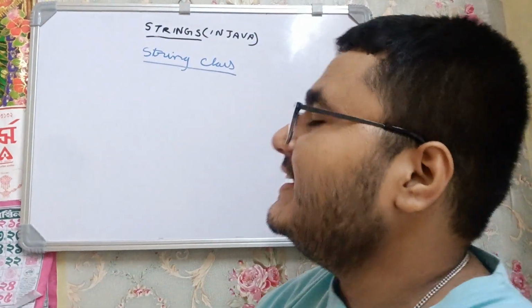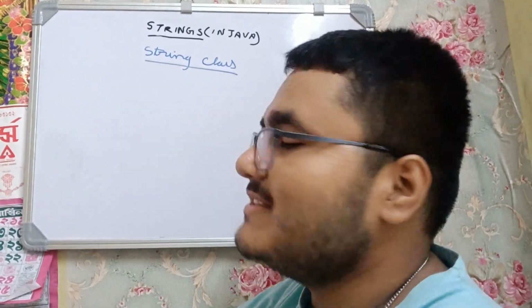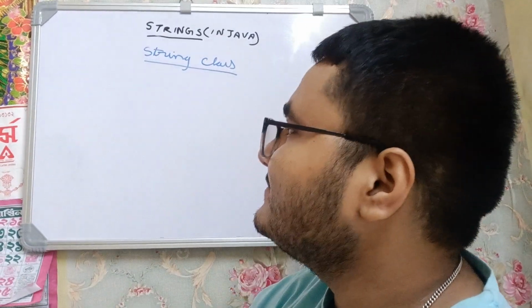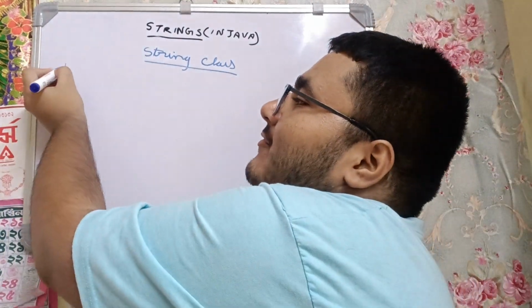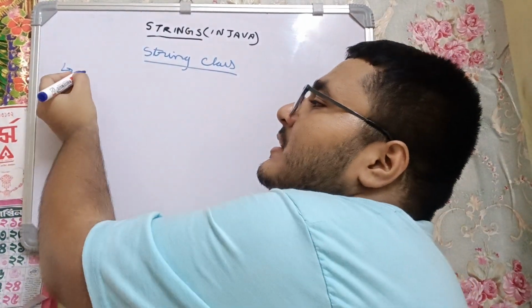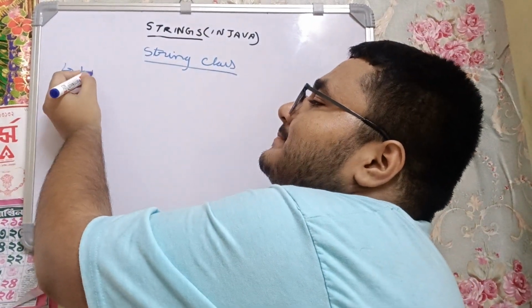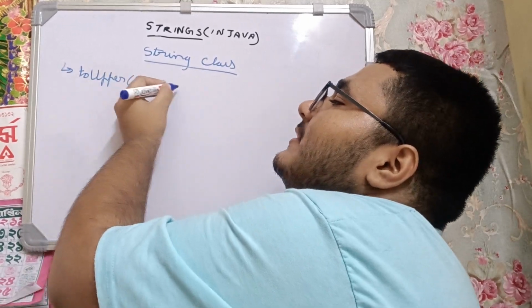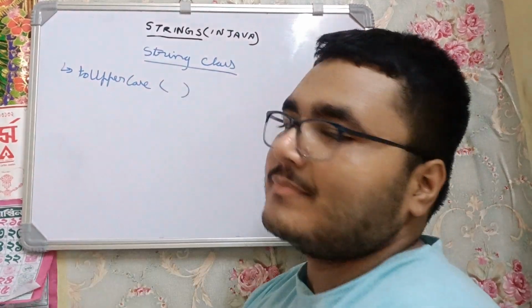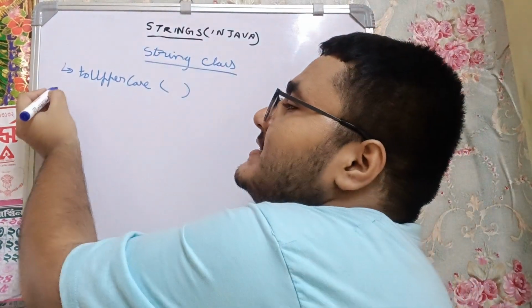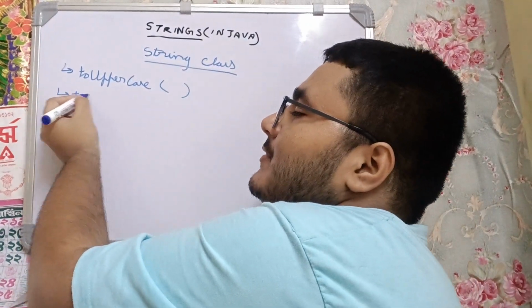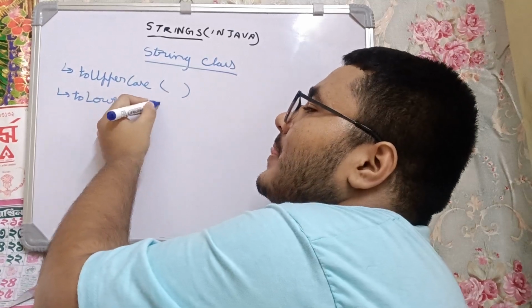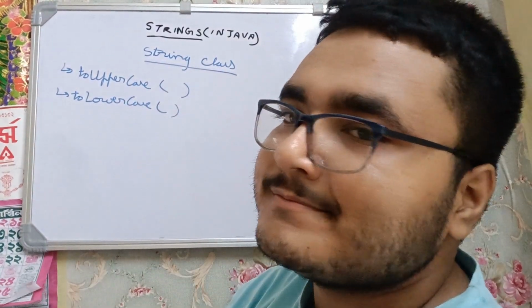Now for the string class you do not need to make any separate objects. Let us see the first few functions. So we have some functions called toUpperCase, okay, toLowerCase. Just note down the functions, then I will be discussing all of these.